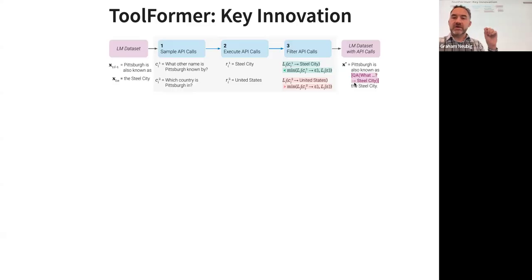After they generated the arrow, it would actually make the tool call, return the answer, and close the parentheses and the bracket. You would append this to the context and then calculate the probability of "the Steel City" after appending this and after not appending this, and make sure that the probability after appending is higher. That would mean the tool call was useful.